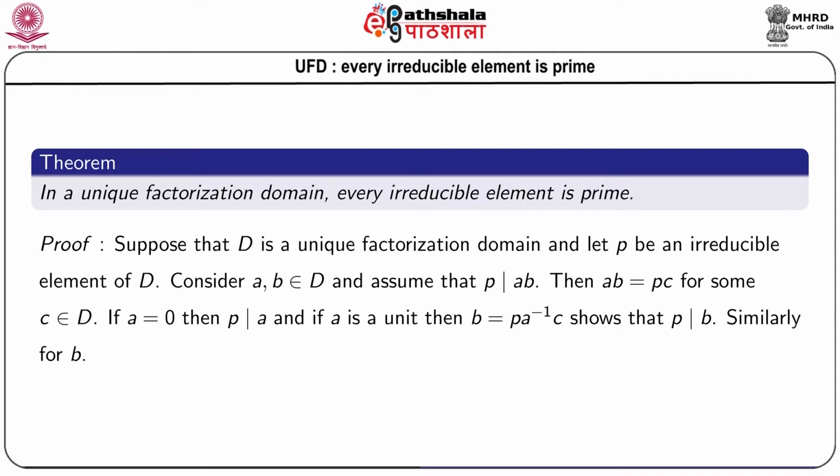If A is equal to 0, then P divides A, and if A is a unit, then B equals P A inverse C shows that P divides B. Similarly for B. Thus, we can assume that both A and B are non-zero and non-unit.